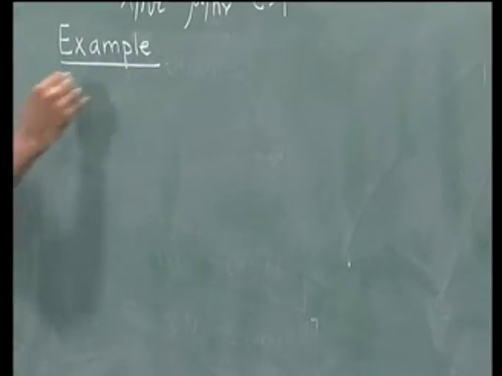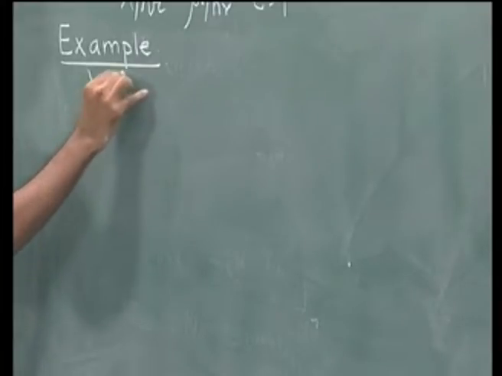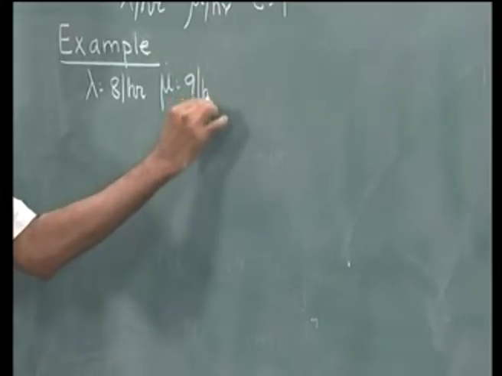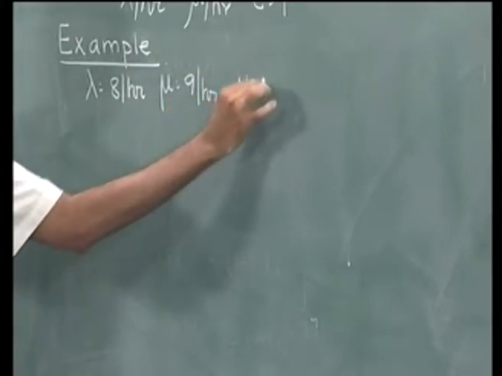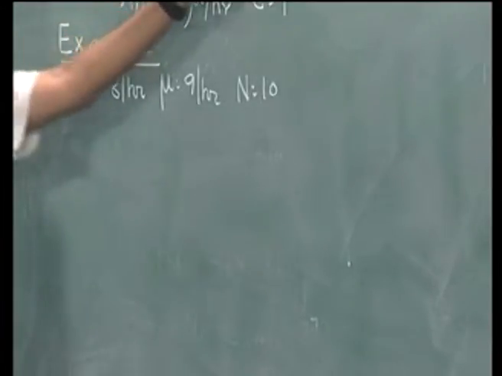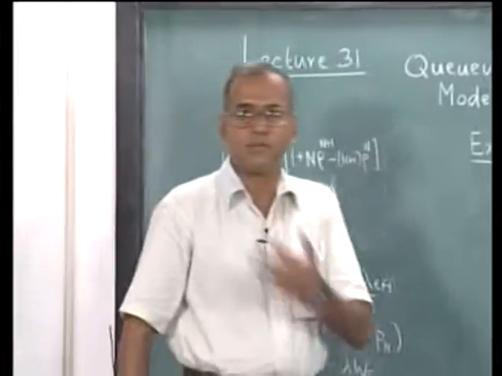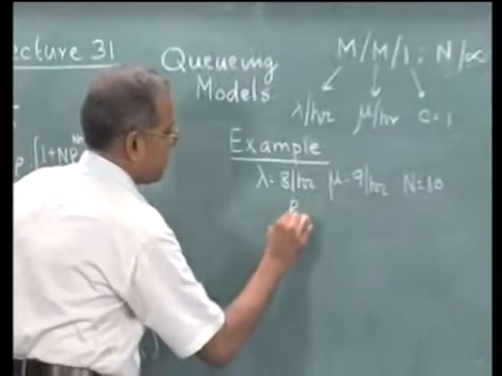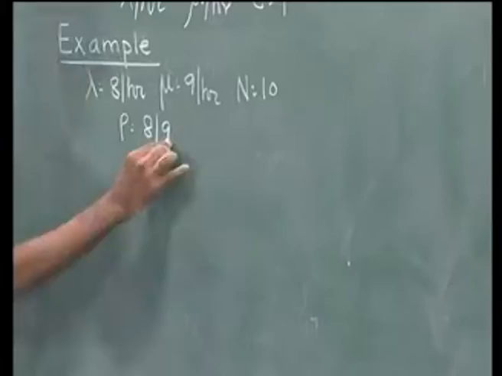Now, in the same previous example, let us say we have lambda equal to 8 per hour, mu equal to 9 per hour, and we restrict N equal to 10, which means when the system has 10 people, the 11th person who comes in does not join the system. So, rho is equal to 8 by 9.